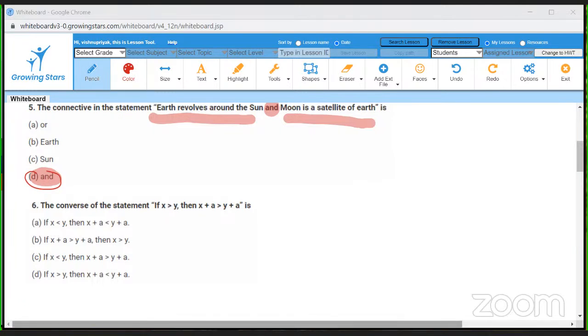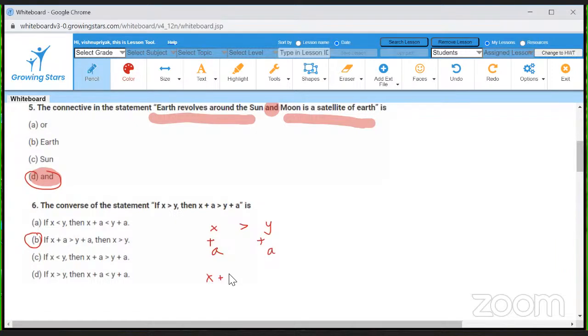But the answer for 6th is B. B is correct, not A. If you have X greater than Y, on both sides you can add the same number.